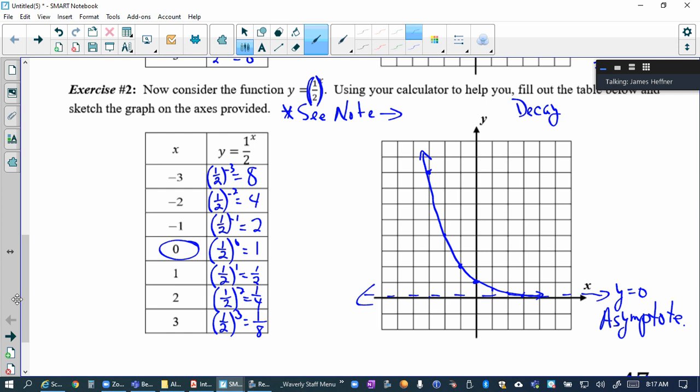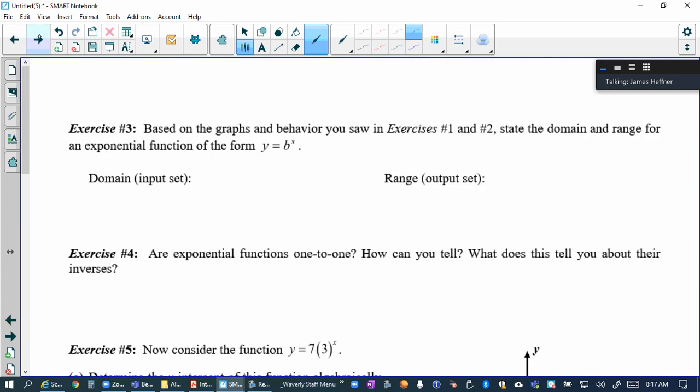Let's talk about the domain and range of some of these things. Remember the domain is what values? All the x or y? X. And the range would be all the y, or the output values. So on the next page, exercise 3, based on the graphs, state the domain and range for an exponential function in this form, y equals b to the x. What about the domain? Are there any x's that we cannot use?